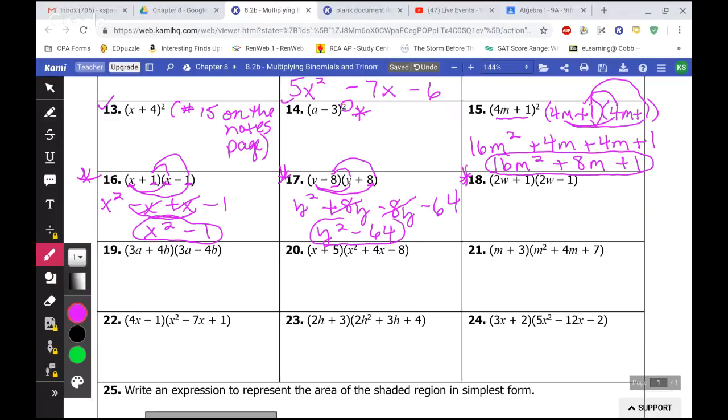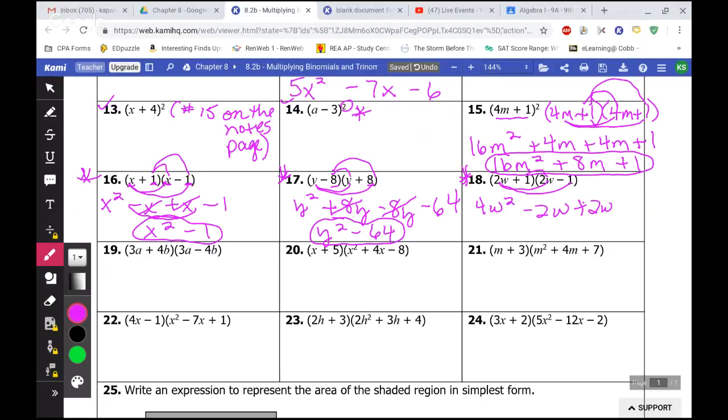That's why it's called the difference of two squares, because the first y squared is a square and 64 is a square. And there's a minus sign in the middle. Same thing on number 18. So first, outer, inner, last. 4w squared minus 2w, my apologies, plus 2w.